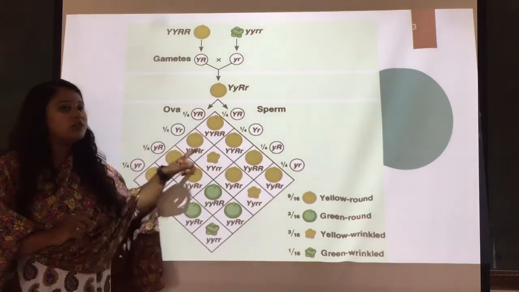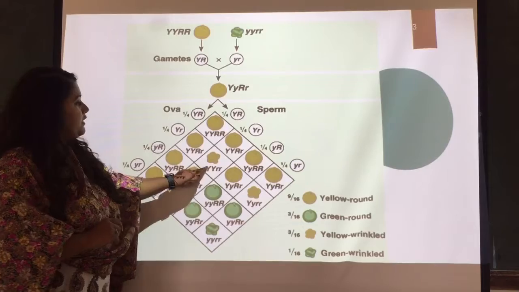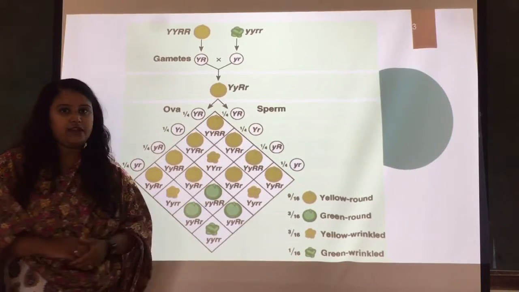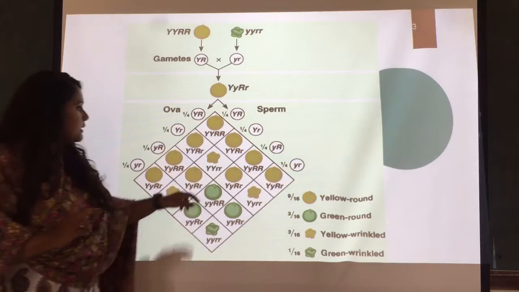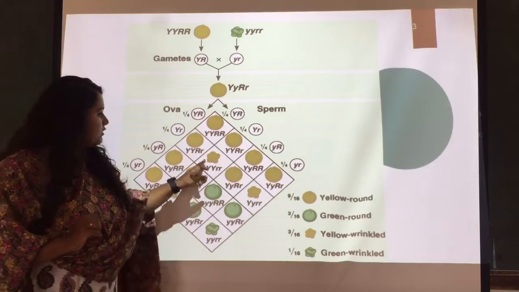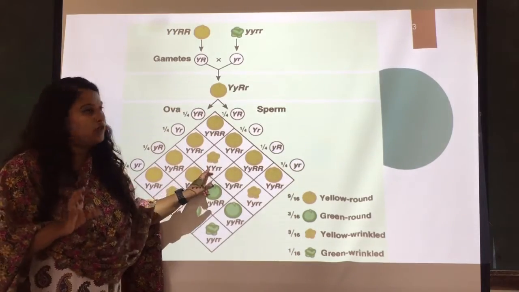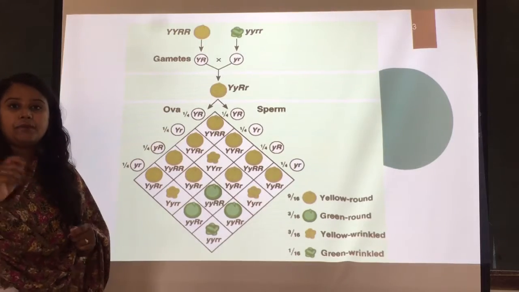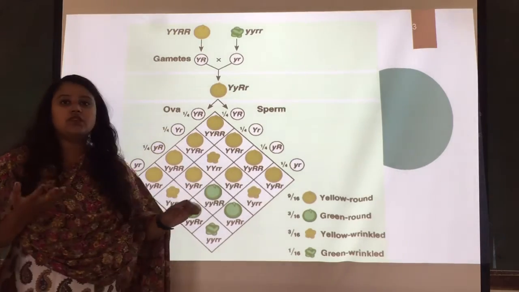So let's see how this is formed, right? Here capital Y is there, but small r is there, right? So there will be two different types of genes. Capital Y, which is going to depict what? Yellow color, right? So that means the color of the seed is yellow. But for small r, there is no other capital R or any other gene which is expressing.